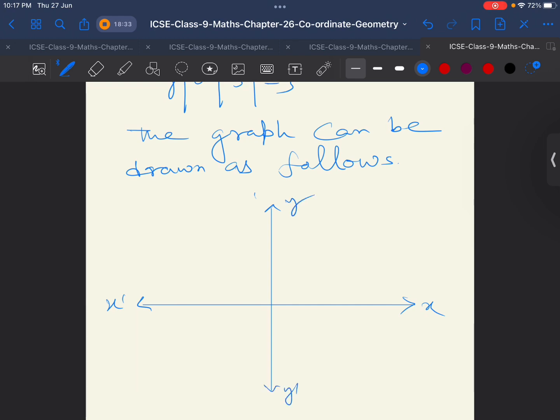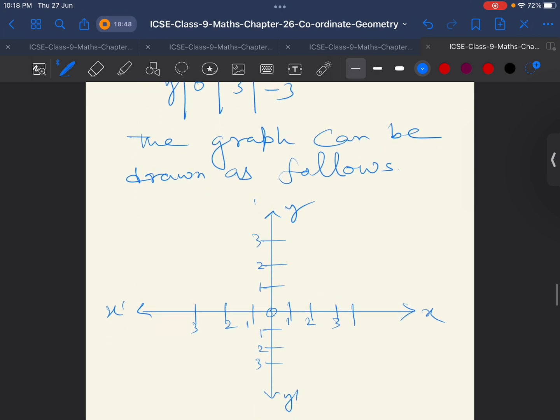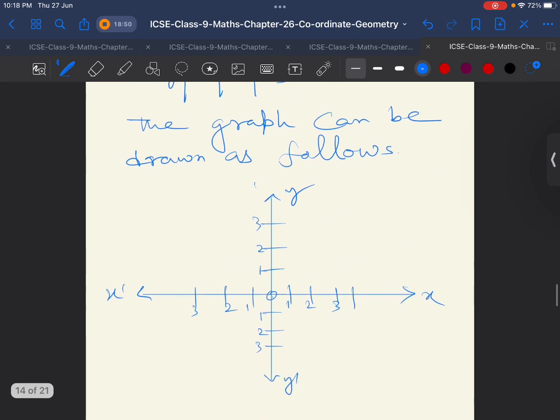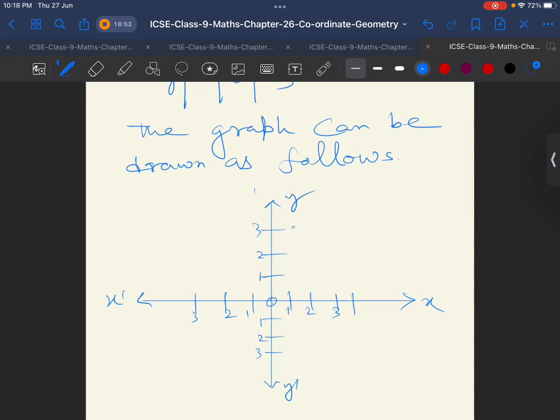X, x dash, and this is y, y dash. So 1, 2, 3, 1, 2, 3. So the 0, 0 point is here, and the 1, 3 point is here, and also the minus 1, minus 3 point is here.